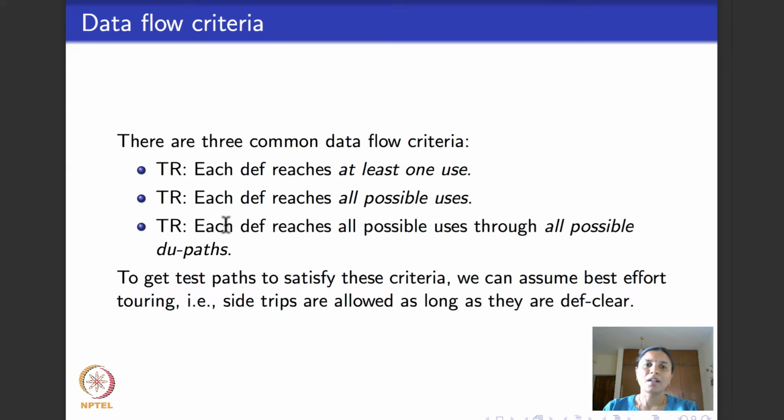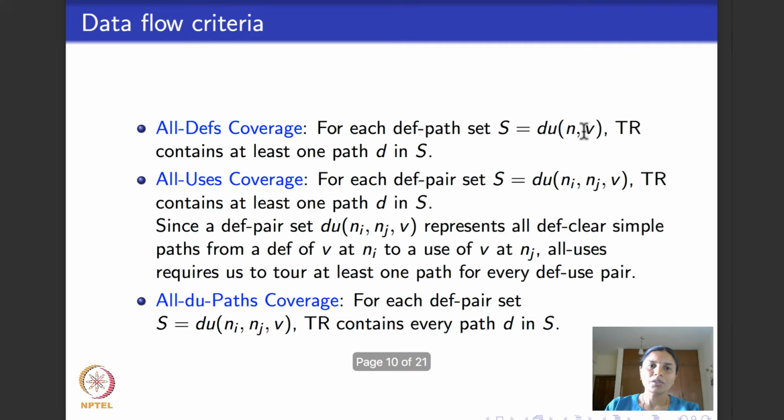As I told you, these are just the test requirements. Whenever you need to get test paths to satisfy these test requirements, you can assume what is called best effort touring. Best effort touring basically says feel free to allow side trips and detours if you want to make these test requirements feasible.